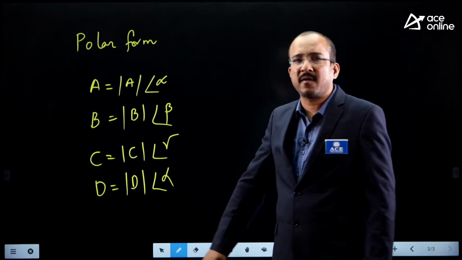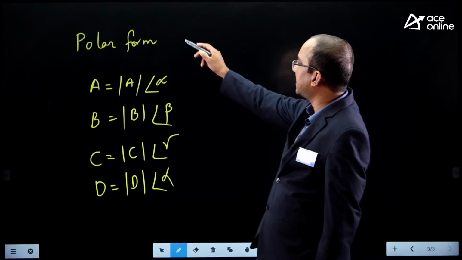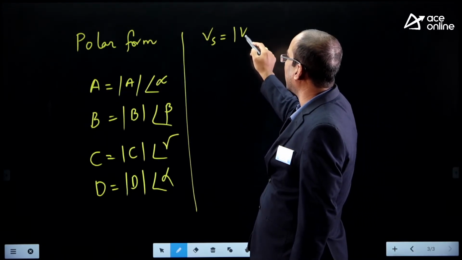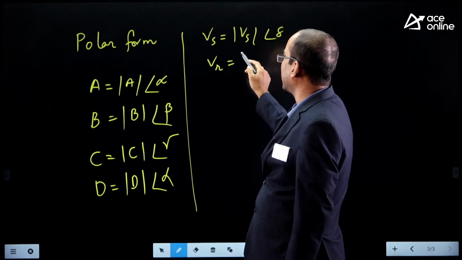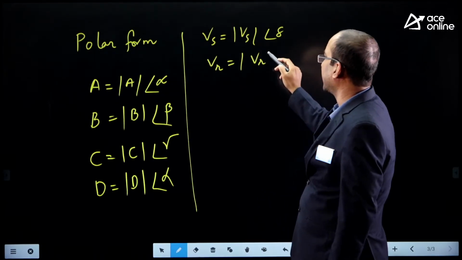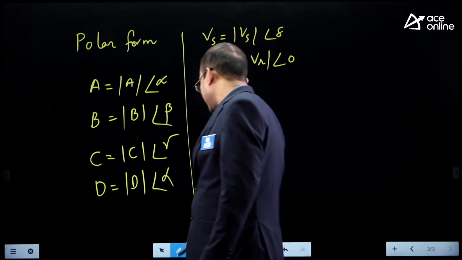The sending end voltage in polar form is mod Vs at an angle of delta, and the receiving end voltage is mod Vr at an angle of 0. These are the polar form representations.